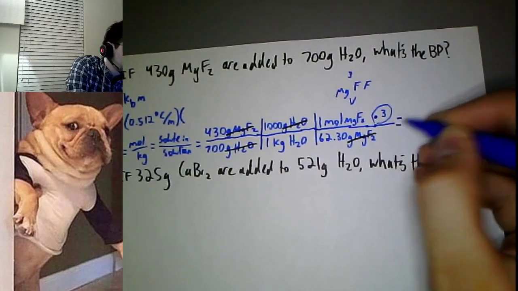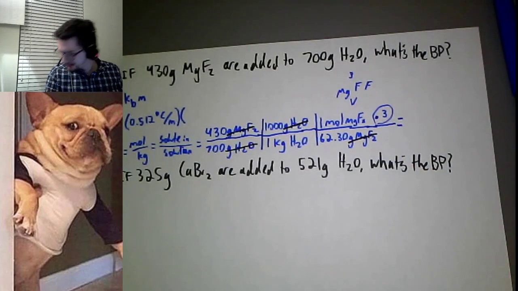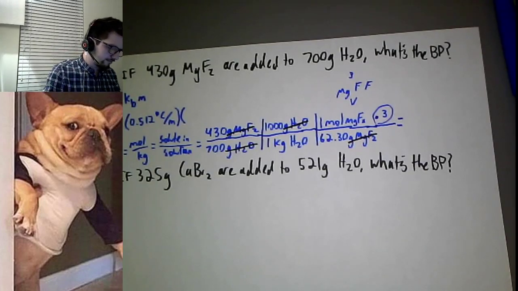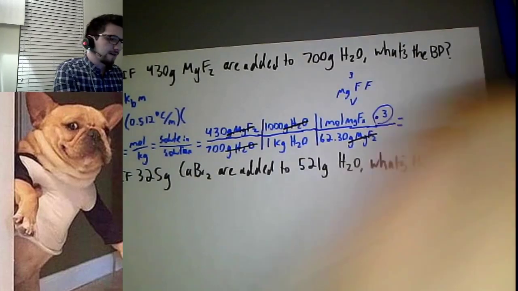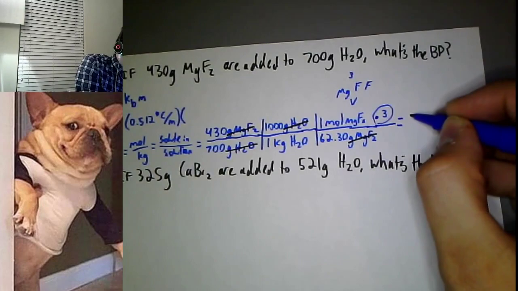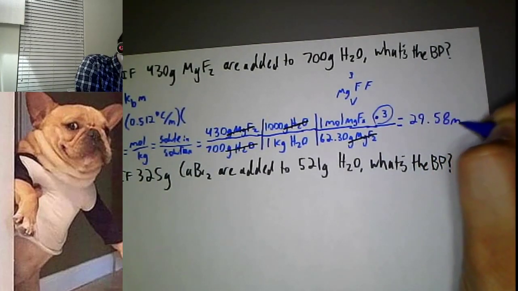So when we multiply all this out, you end up with 430 times 1000 times 1 times 3, divided by 700 and also divided by 62.30. And you end up with 29.58 molal.